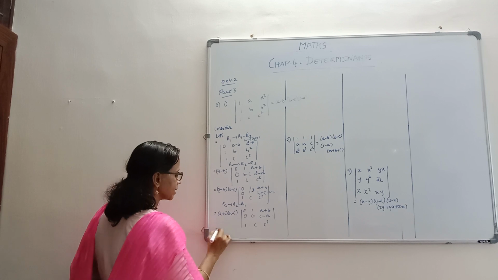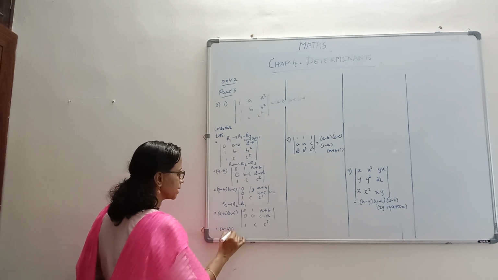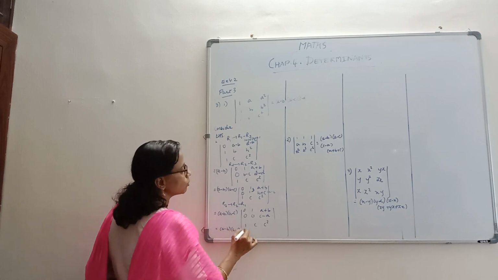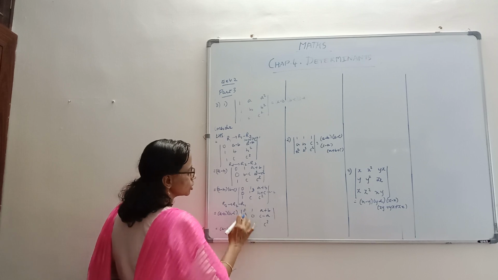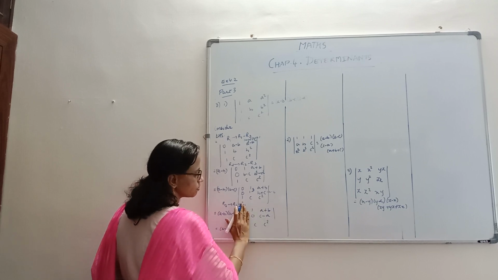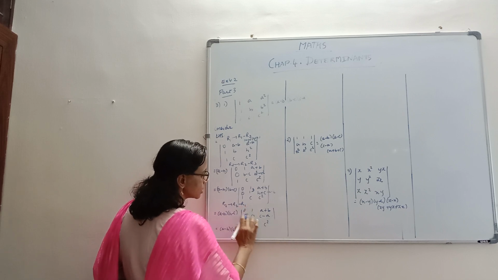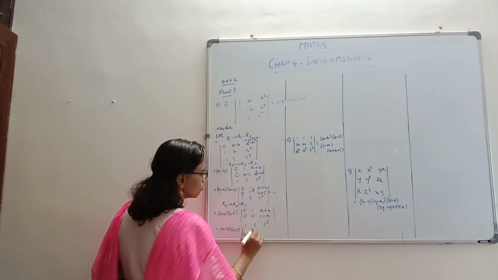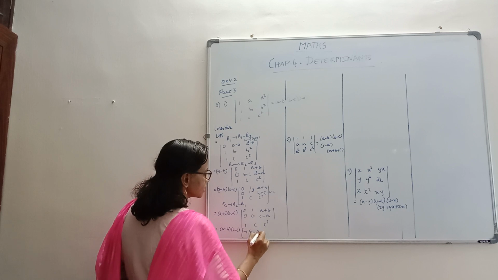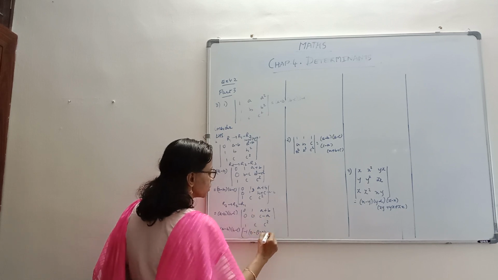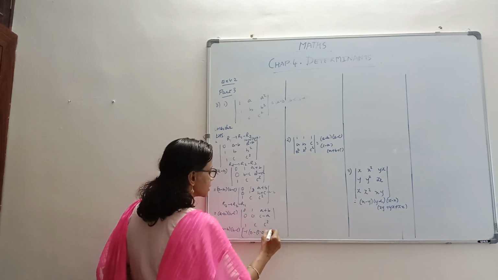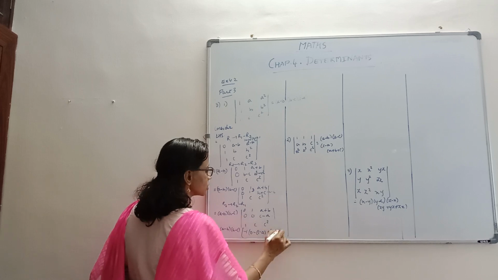Okay, so we can do one thing. We think of expanding it. A minus b into b minus c. How do we go about expanding this? 0 into anything is not there, so this part we need not see. Here it is going to be minus 1 times, first part is 0 minus c minus a. Next one, a plus b times, both is 0.